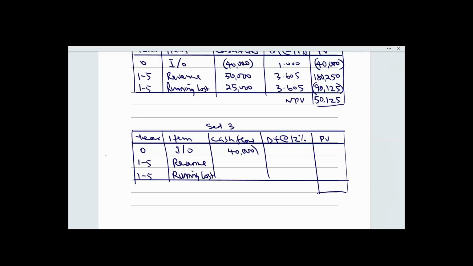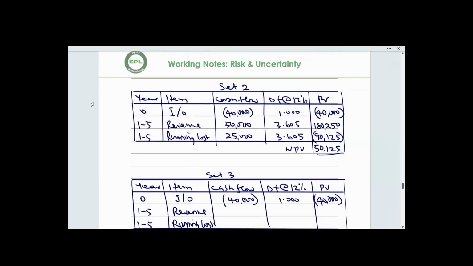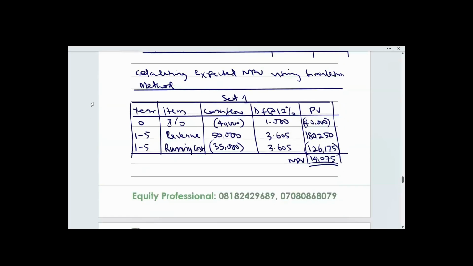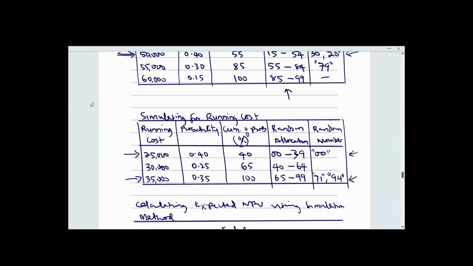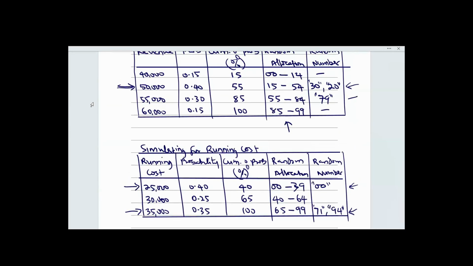₦40,000 multiplied by 1, 40,000. Set 3, tag number for revenue is 79. Okay, then you trace it to the left. 55.